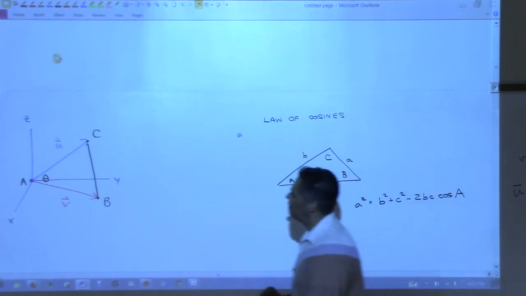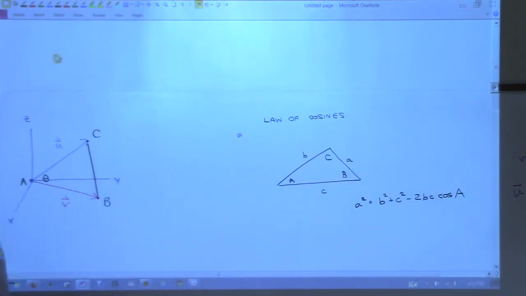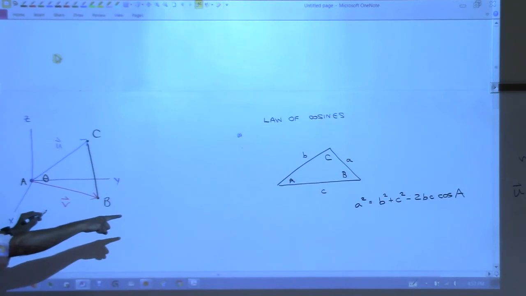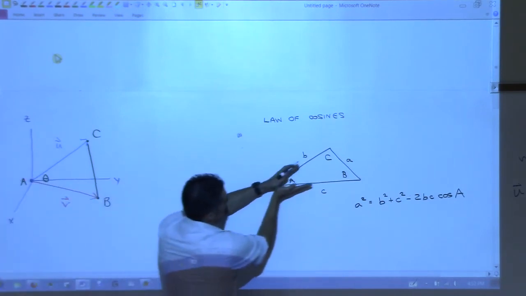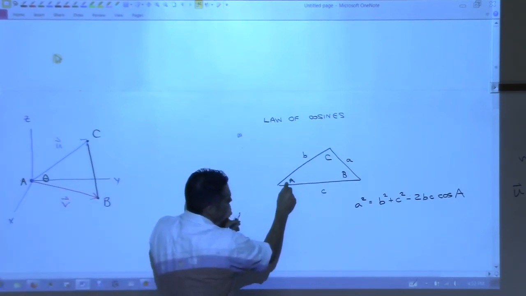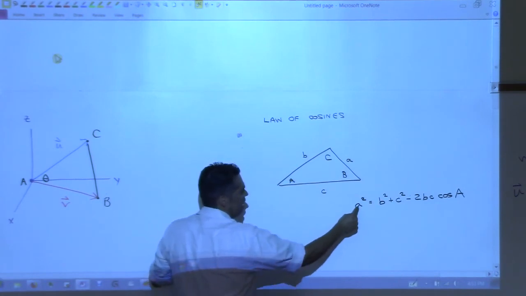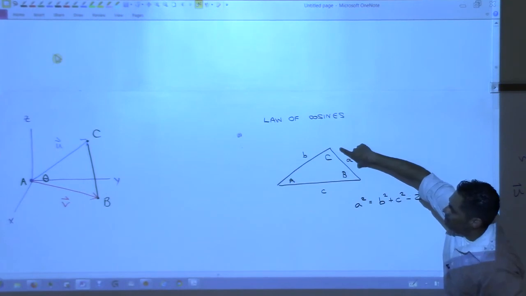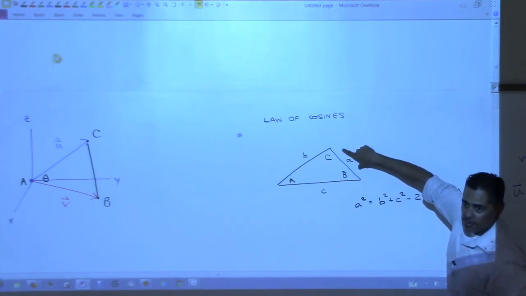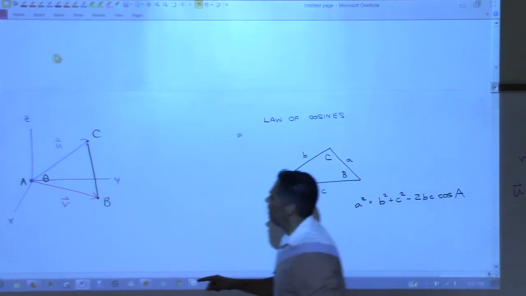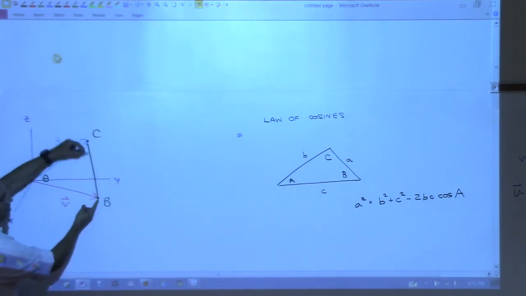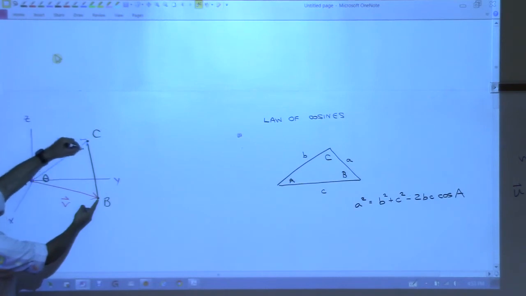So now let's go back to this and let's look at what we have here. This theta is like the angle A over there. You'll see that? I can say that's A. Then, what's A squared? A squared is this side squared, yes? For us, that's this distance here. You all with me?